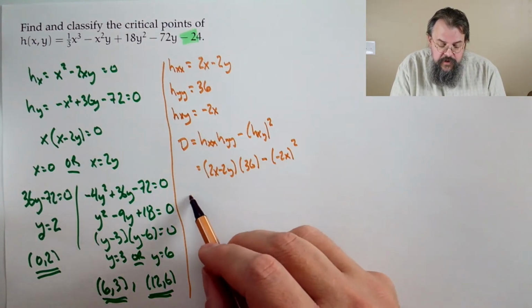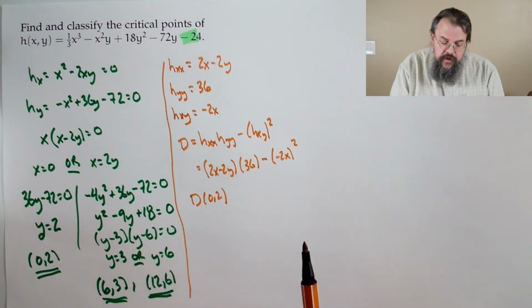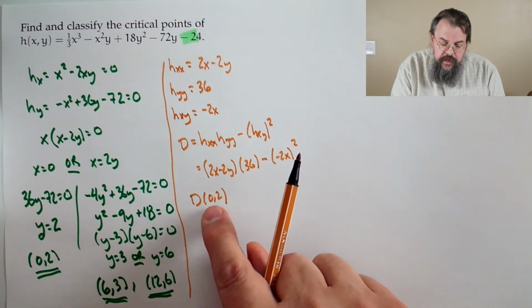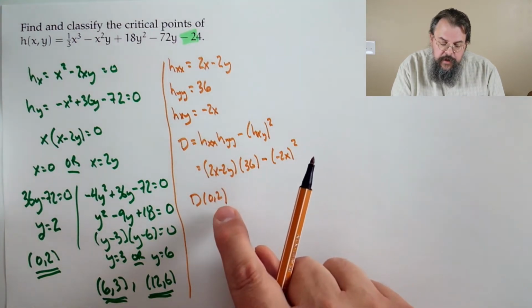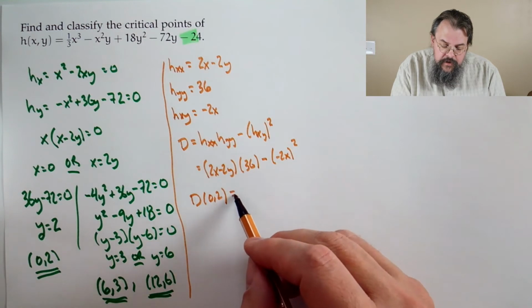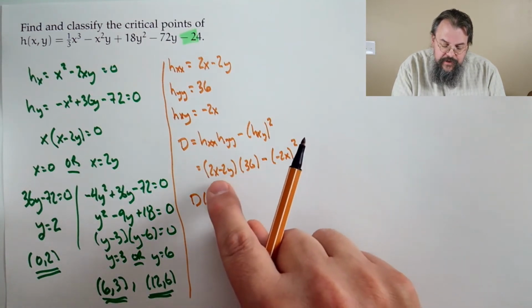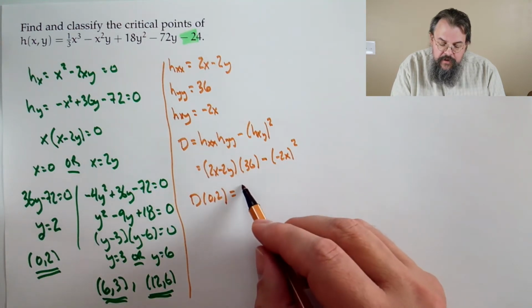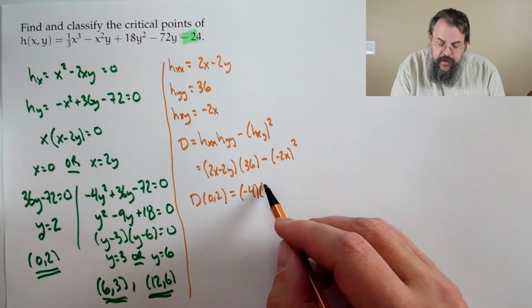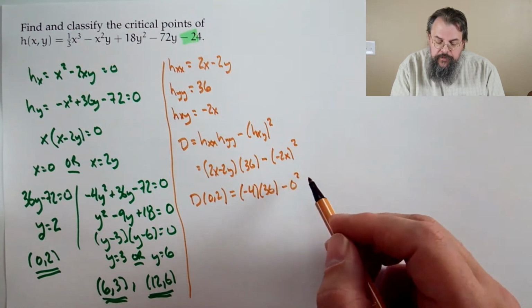All right, so plug in (0, 2). The good news is it's not so bad, right? The 2x zeroes out, and then we have 2 times minus 2, which makes a negative 4, times 36, minus 0 squared.